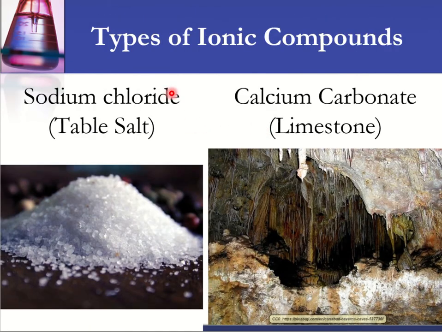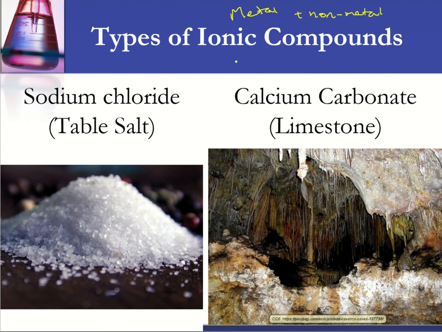Alright, some ionic compounds we're going to look at. As you can actually see, an ionic compound is the formation of a metal and a non-metal. So sodium's a metal, and chloride is a non-metal. So just to get the definition out, an ionic compound is a bond between a metal plus a non-metal.